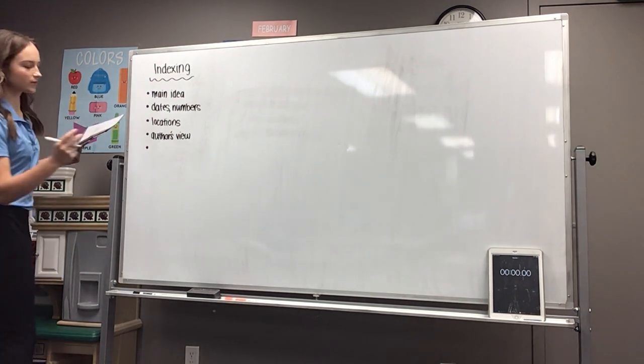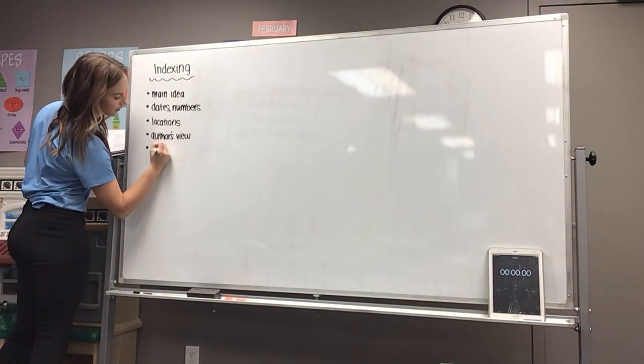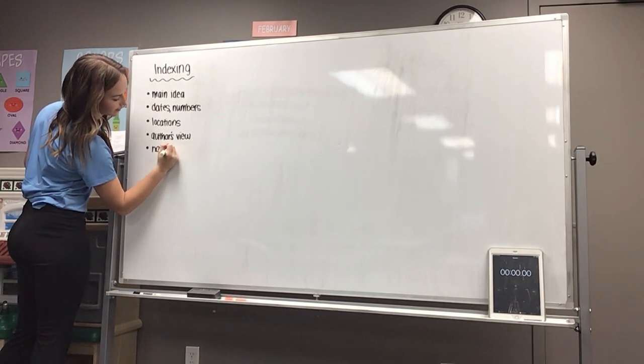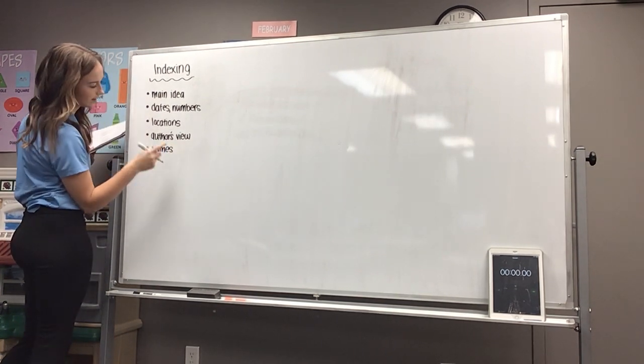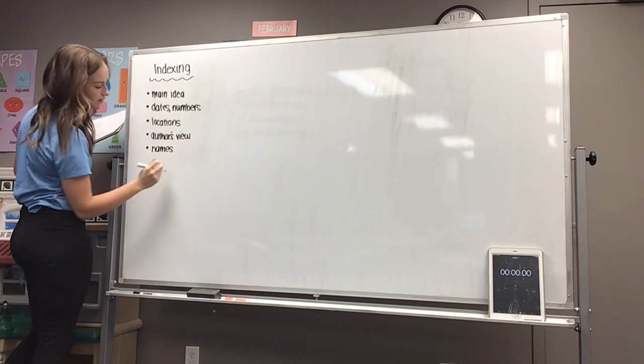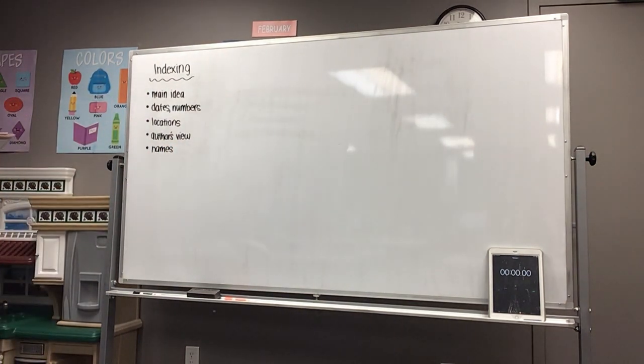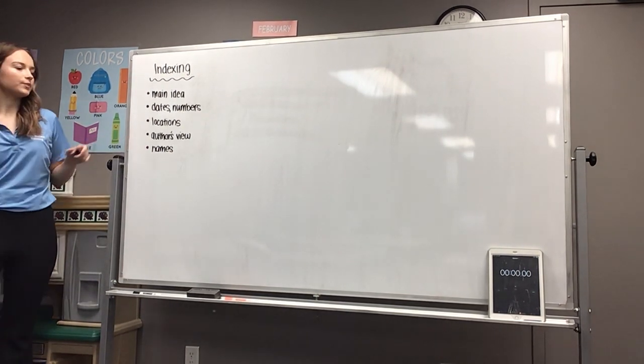So names of characters would be helpful, names of places, kinda goes with locations, I guess. Any others you guys can think of? Okay, I think that is a good basis to have.